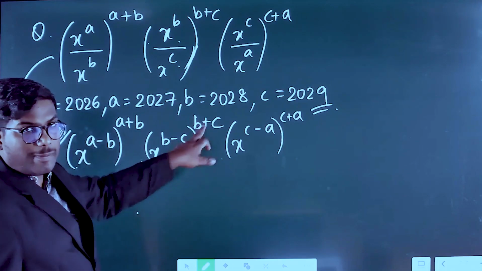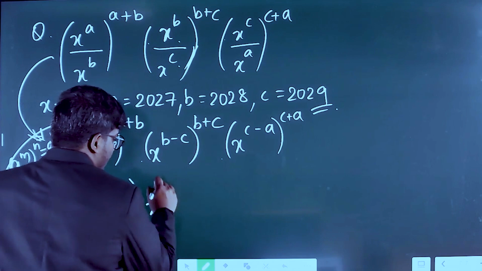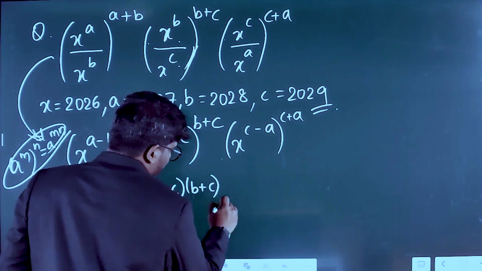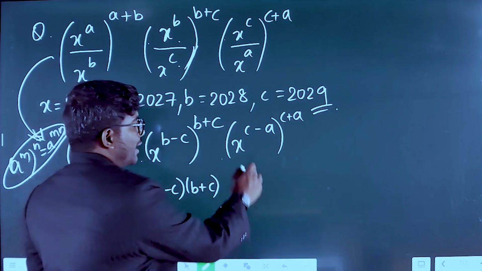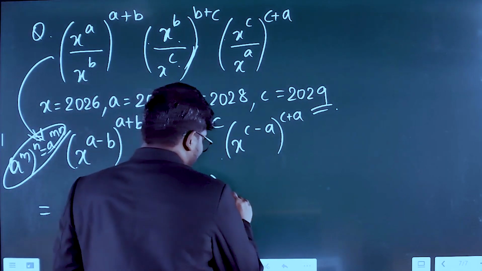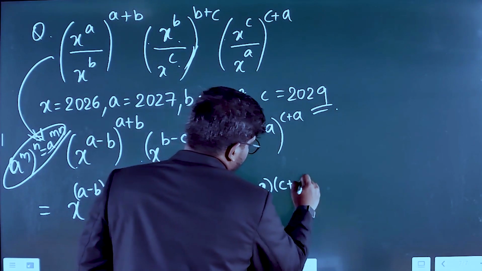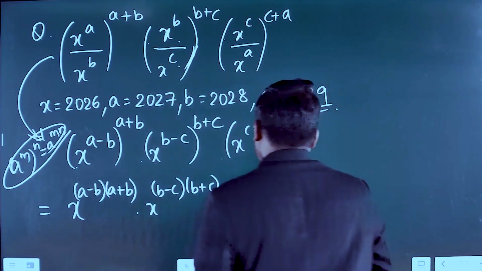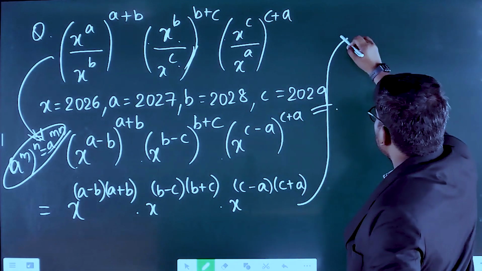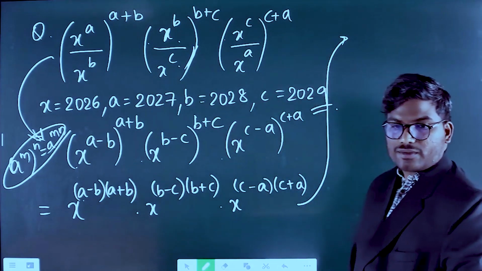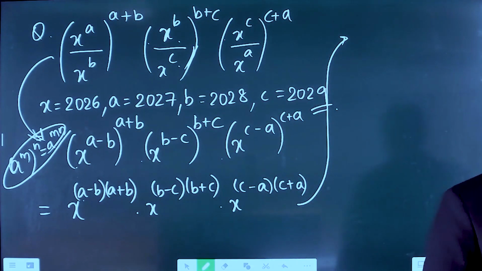Similarly, this will be x power b minus c into b plus c, into this shall be x power c minus a into c plus a, right? So a minus b into a plus b will be a square minus b square.